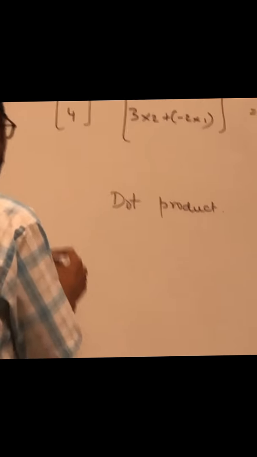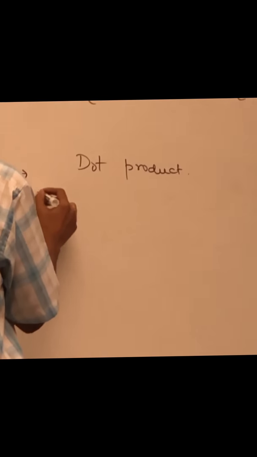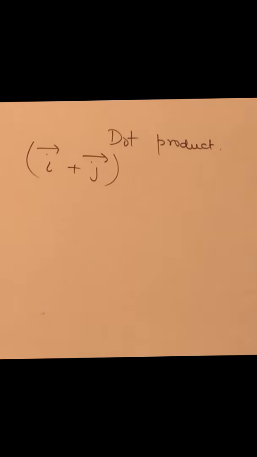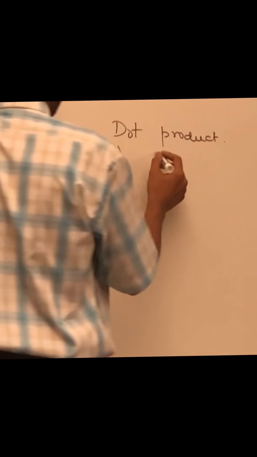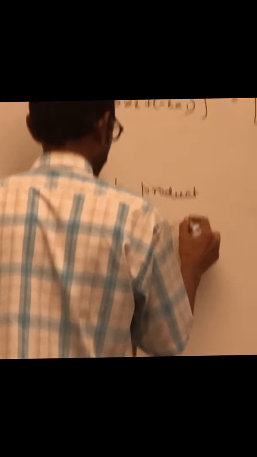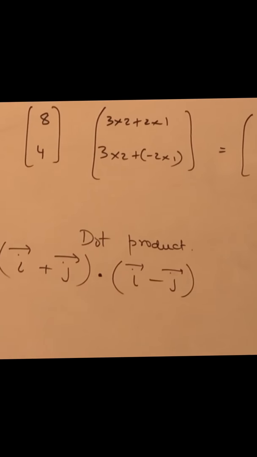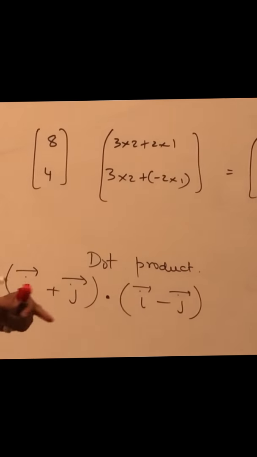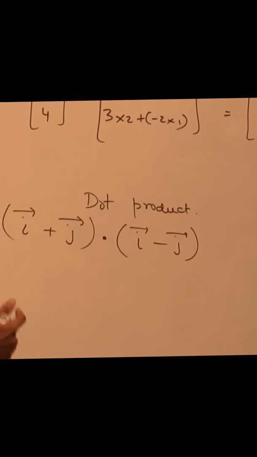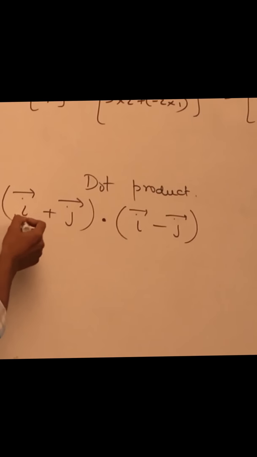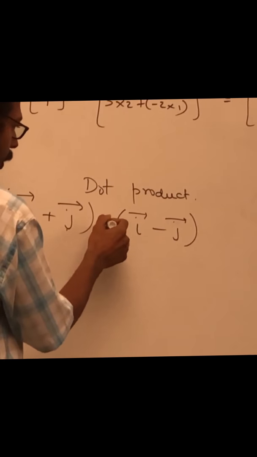Yes. So let me tell you based on the notation you might have seen. Say i plus j is a vector, and another vector, say i minus j. So the dot product is something like this. You multiply the corresponding coefficients of each dimension, i and j. So it is 1i plus 1j dot product 1i minus 1j.